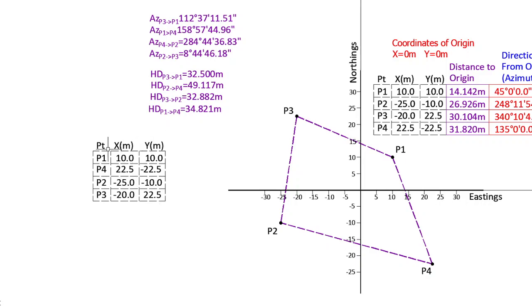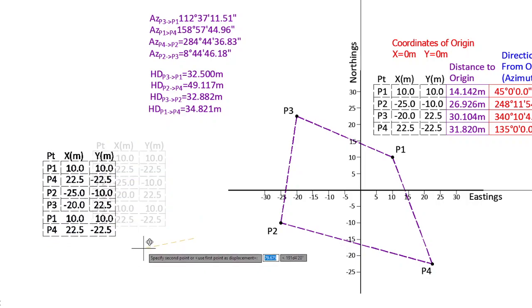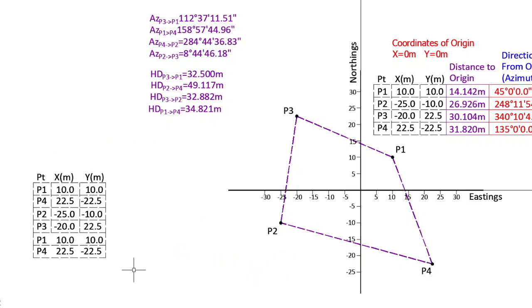After I have organized my table following a clockwise order, I'm going to duplicate the first two vertices and place them at the bottom of my table, just the way it looks right now. Then I proceed to calculate the following. I'm just going to move this table over there to give myself a little bit more space. And this is the way it works.